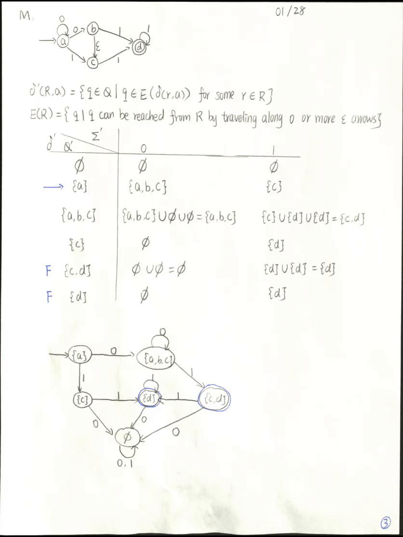So we have two final states, CD and D. By double circling them, we denote them as the final states in the diagram. Now this diagram contains all the information for this DFA. The start state is A, the final states are D and CD, each node is a state in this DFA, and all the transitions define the transition function as a whole.